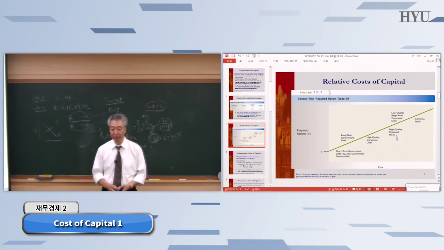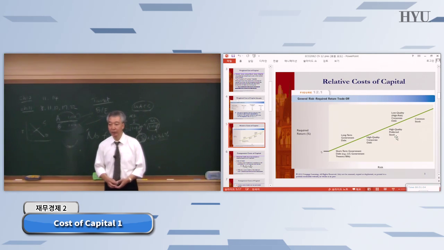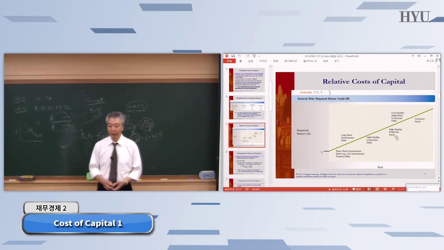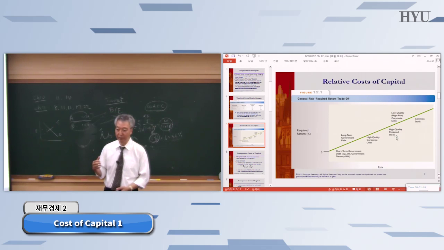Well, that's the same thing with the bond, isn't it? Well, you're talking about liquidation, right? Liquidation of the asset. And it is true that bondholders have a little higher priority than the preferred stockholders, right?